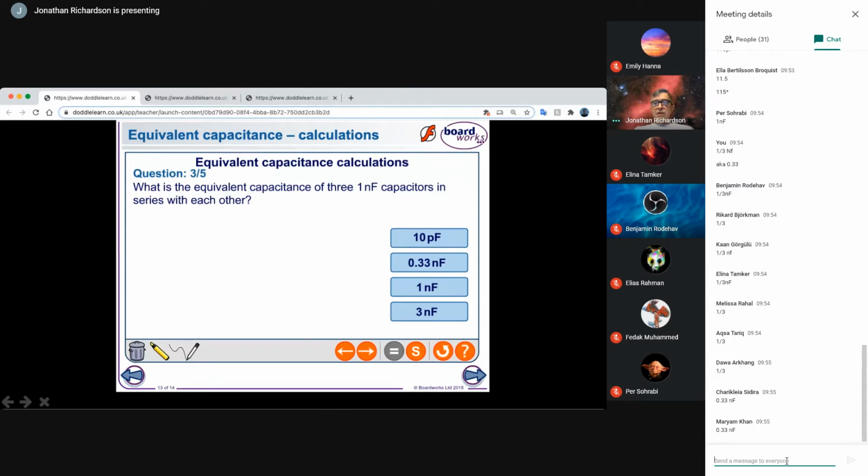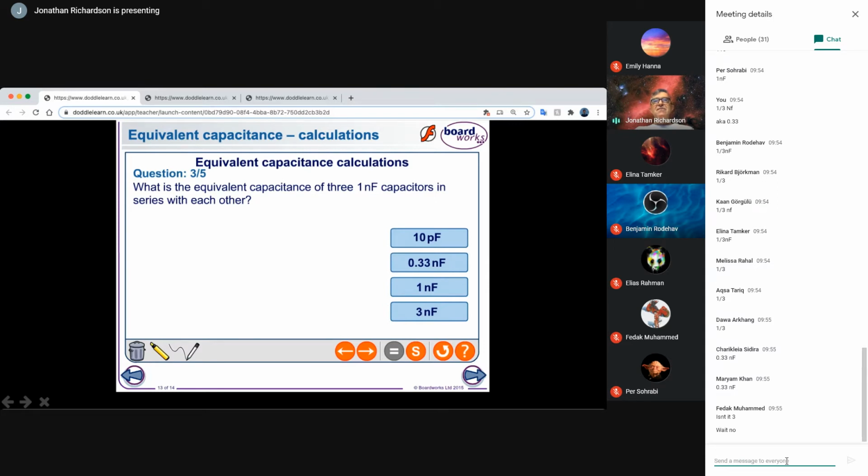Just be careful with the calculation, you haven't put a unit. 1 over 3 is not a conventional way, shall we say, of writing.